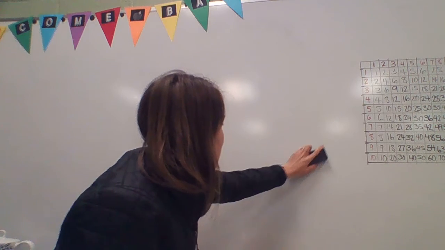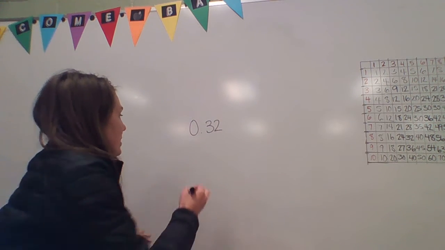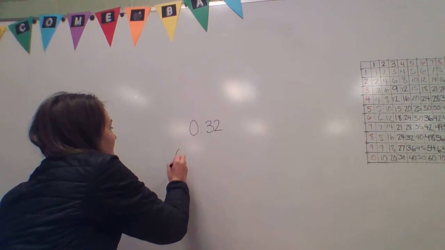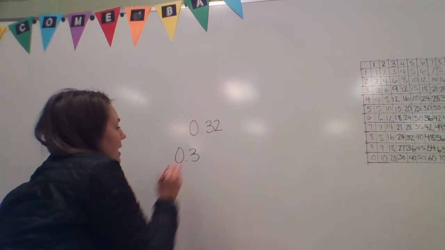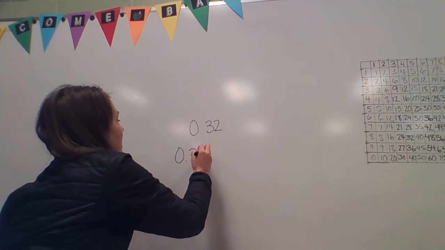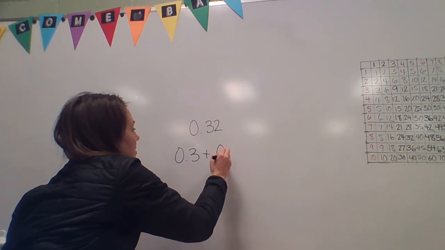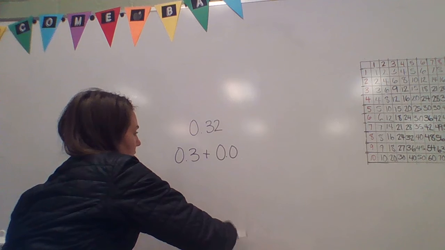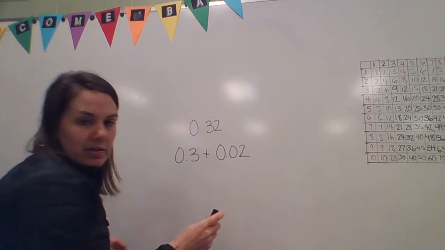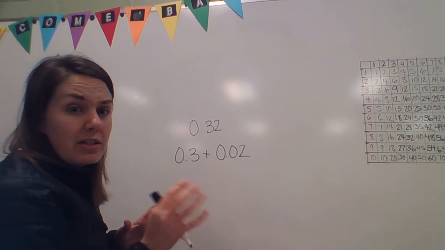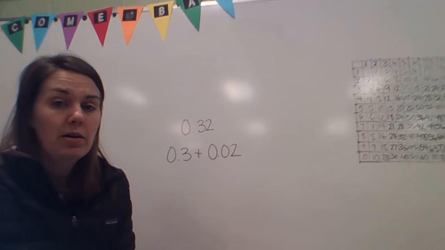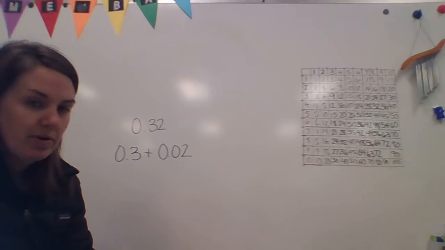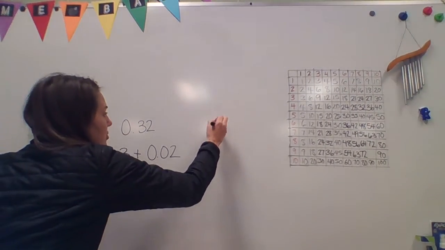So if I were to take this and break it into its 2 parts, I would have 3/10, right? And 2/100, right? So just like when we are expanding, let's just use the example 32.